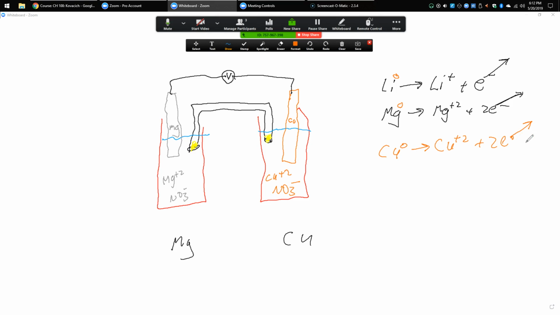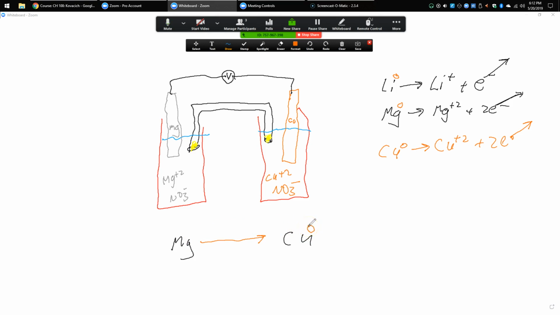Okay, so what is going to happen here is the magnesium is going to be giving electrons away to the copper side, but the magnesium can't give electrons to copper metal directly, because this guy's charge is 0.